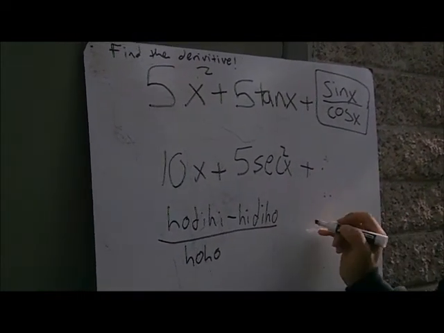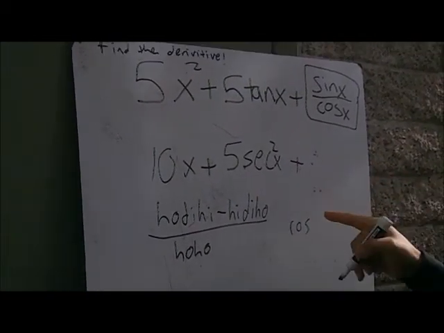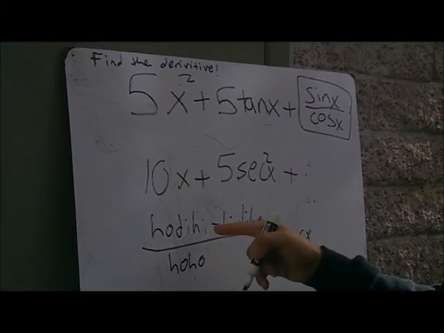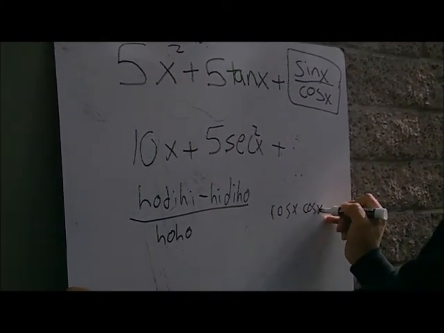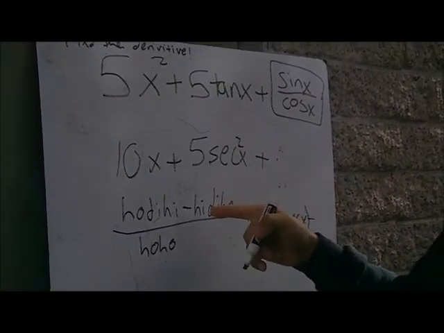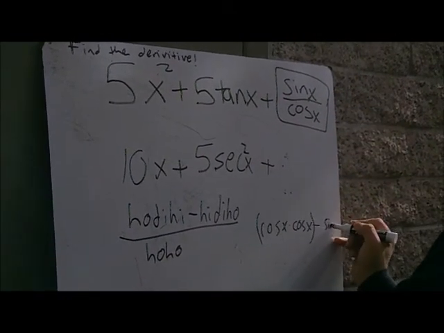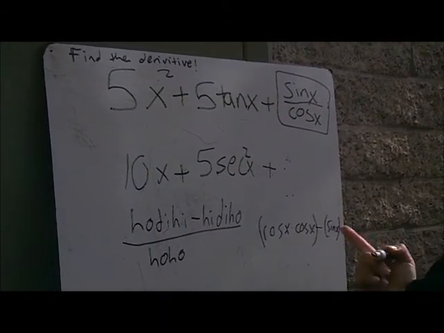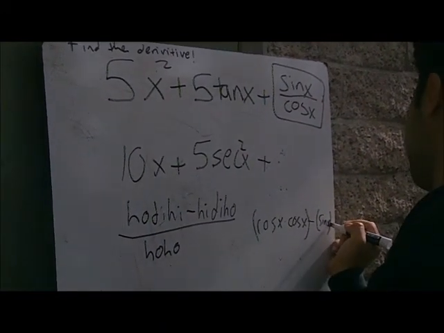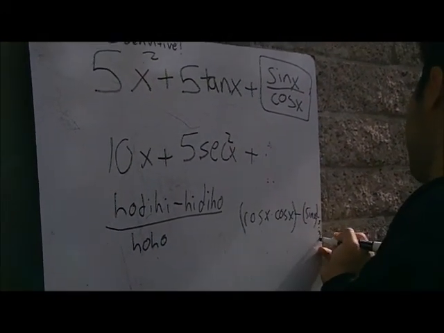So ho, cosine x, multiplied by the derivative of the high, which is cosine x, minus high, sine x, multiplied by the derivative of the ho, negative sine x. Cosine x times cosine x is cosine squared x.